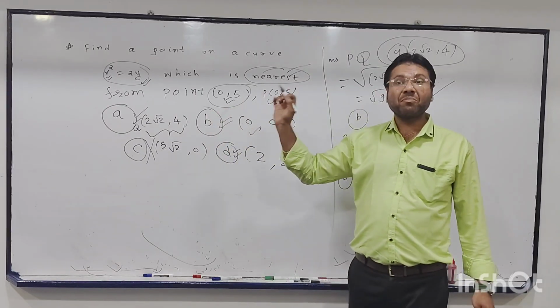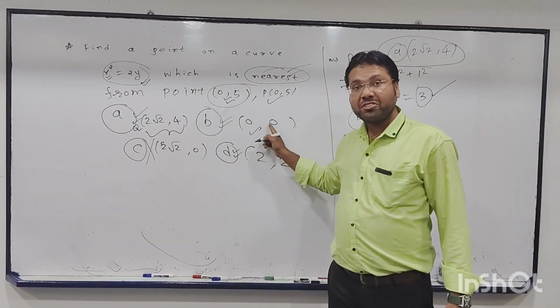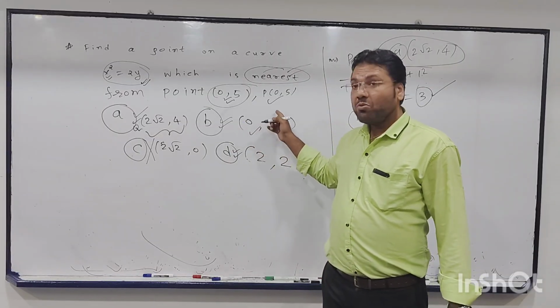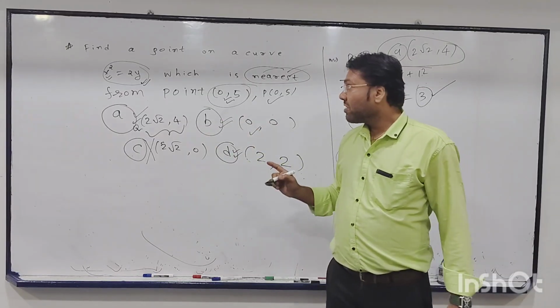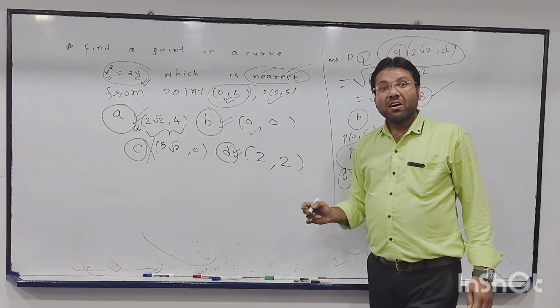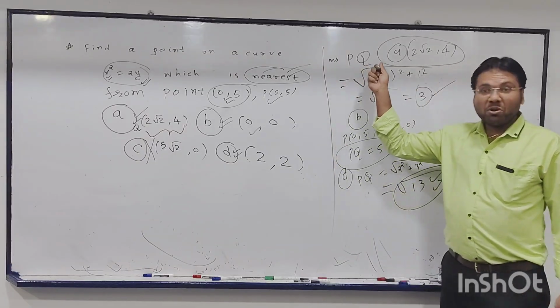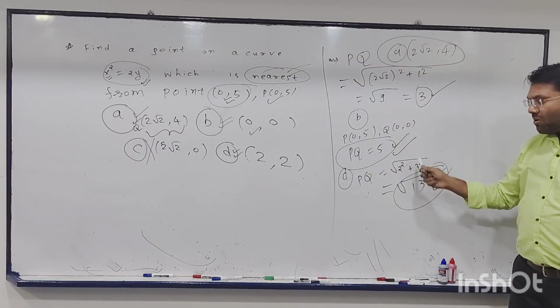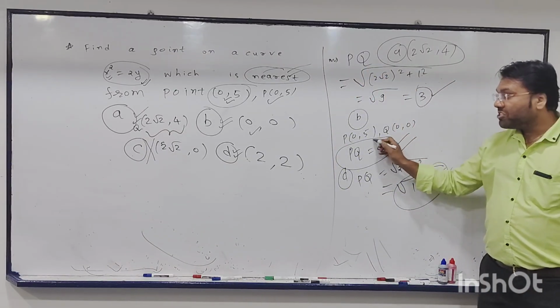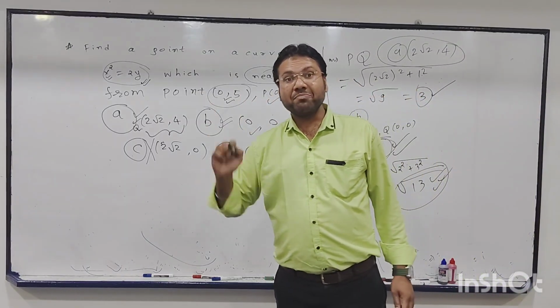But the question could be asked like this: the point which is far away from (0, 5). Then also you can use the options, points on the curve, and out of these three distances, whichever distance is maximum, that will be your answer.